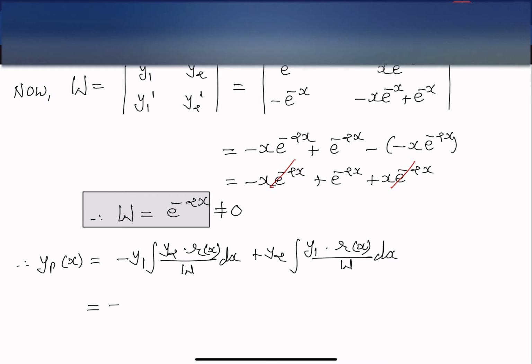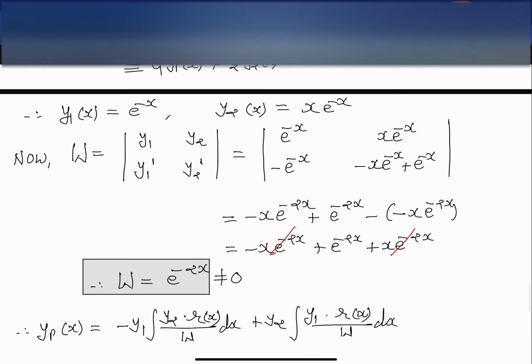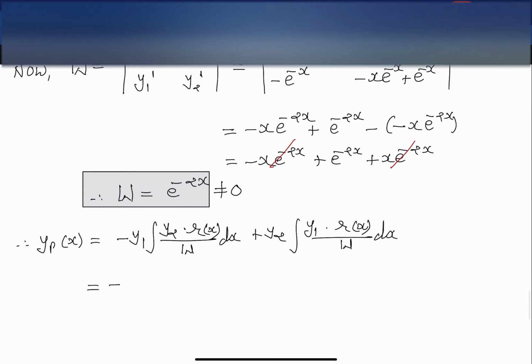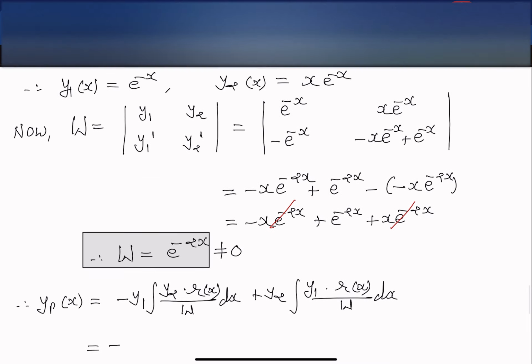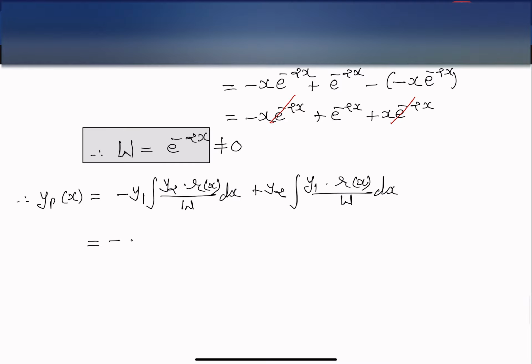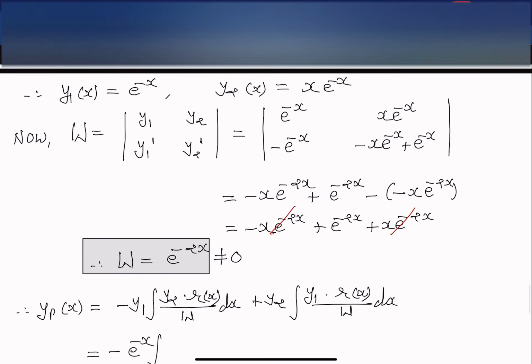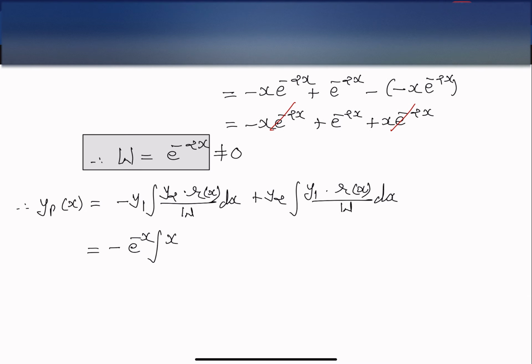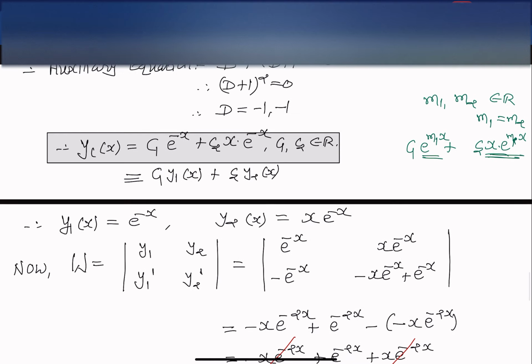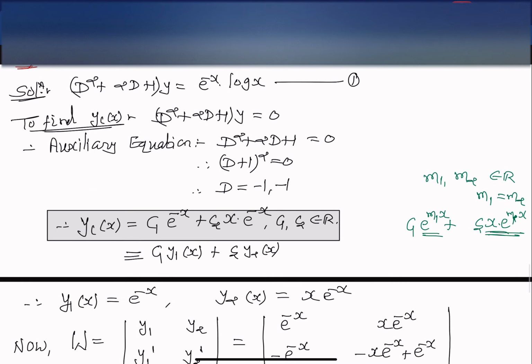So this is equal to minus, what is y1? e raised to minus x. y2 is x e raised to minus x. Right. So let us write y1, which is e raised to minus x, integration. What is y2? x e raised to minus x. Okay, what is r? Right hand side. Yes, look at right hand side, this is e raised to minus x log x.